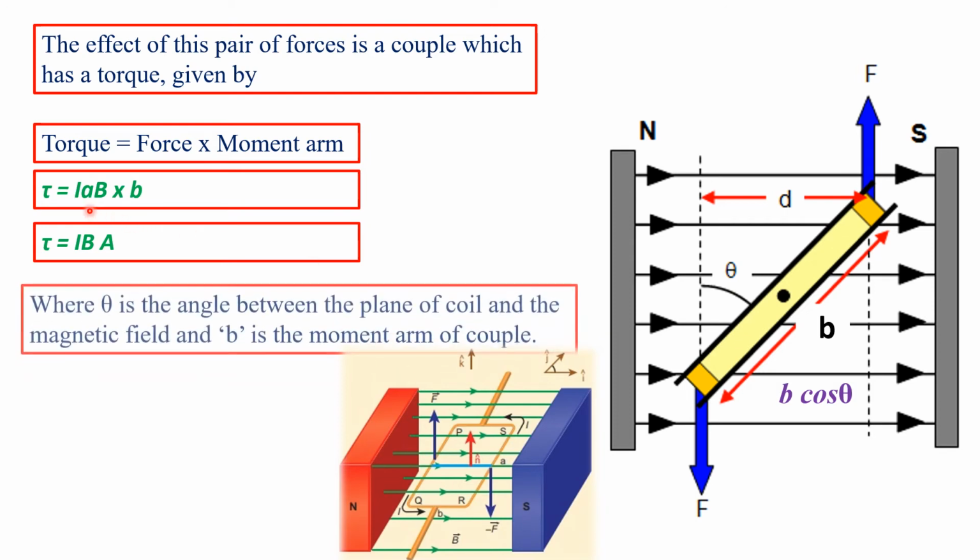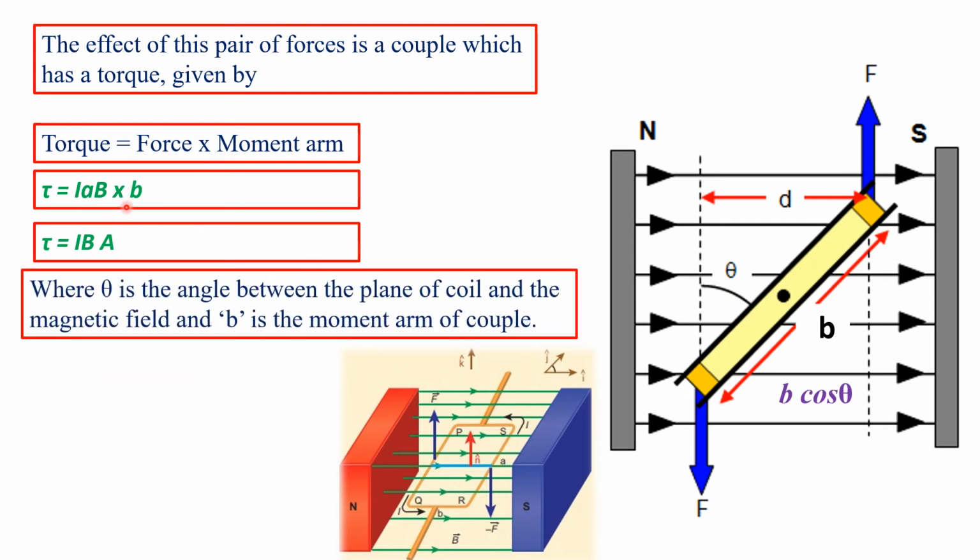We know that A into b equals area. A is length of the coil, b is width of the coil. So length into width gives us area of the coil, where theta is the angle between the plane of the coil and the magnetic field, and b is the moment arm of couple.